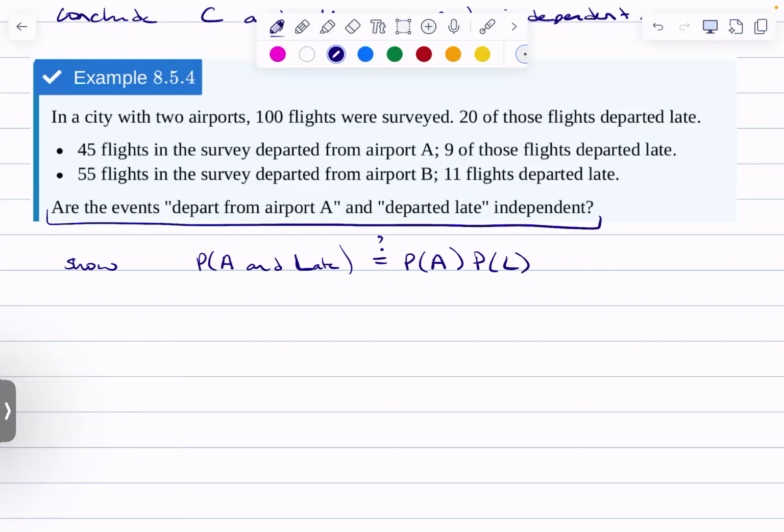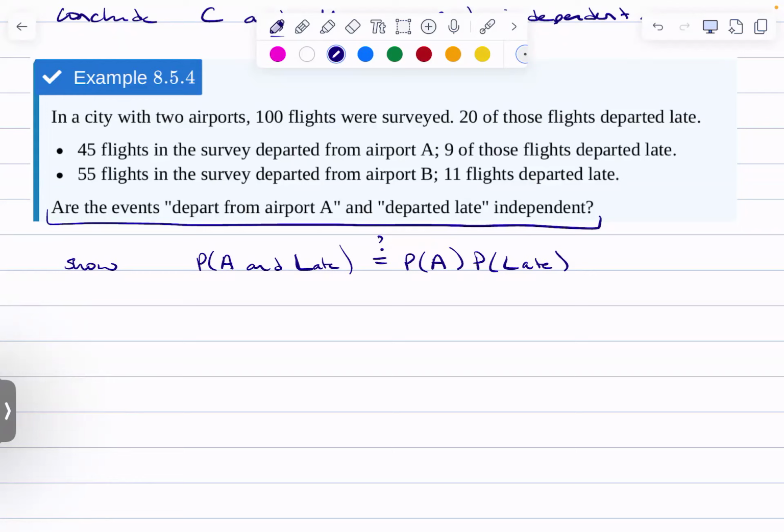And I guess I can write it out. You could just use an L if you want. Right, if you want to show independence, then this is how you're going to do it. And so, okay, which means I need the probability of departing from airport A and departing late.